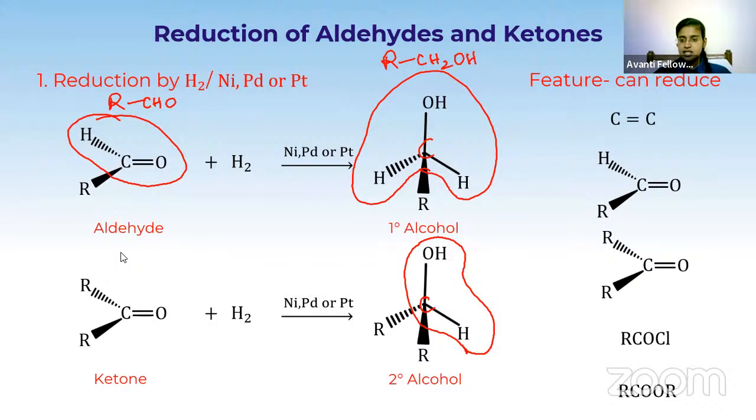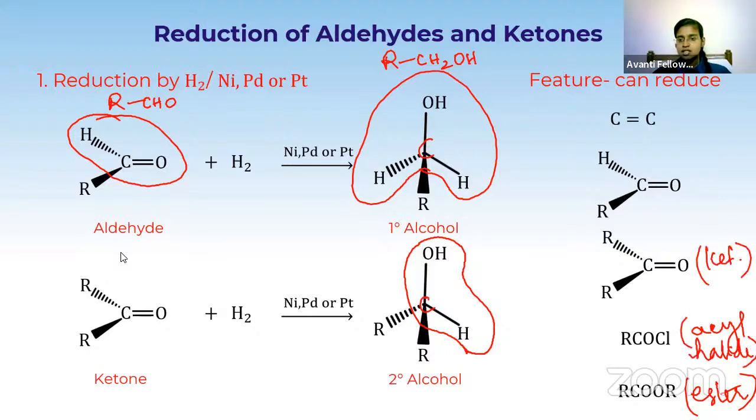This is called an ester. Okay. And this is acyl halide or acyl chloride. And this is a ketone, you all know. And this is an aldehyde. And this is an alkene. Okay. So the given reducing agent is able to reduce all the 5 compounds.